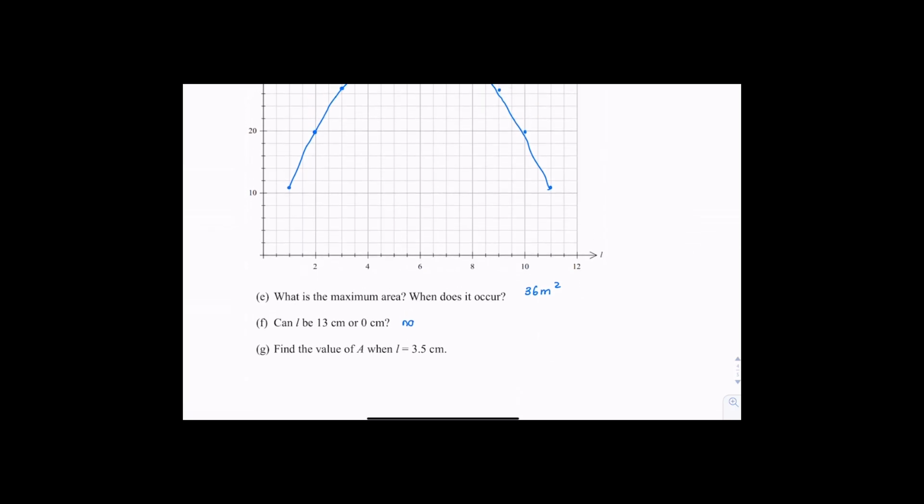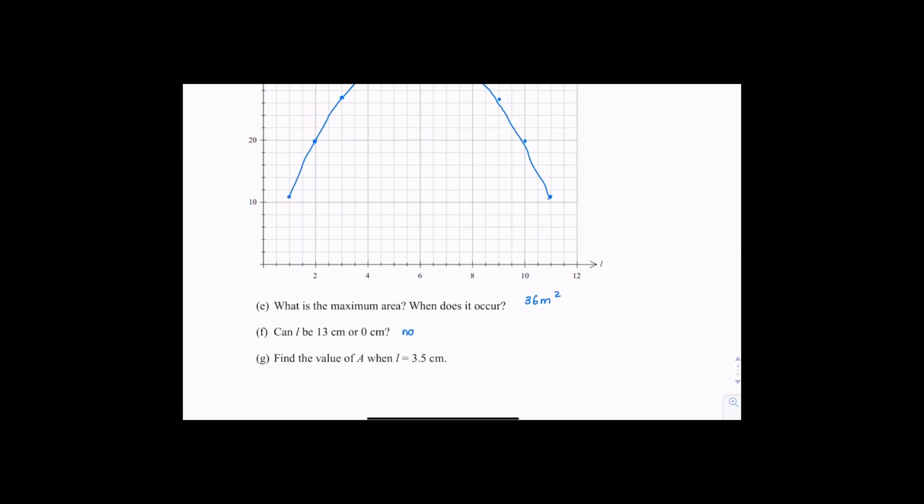Find the value of A when L equals 3.5. So we can find when the value of L, so 3.5 is here. From my graph, when we have 3.5, it looks like I get approximately 29.